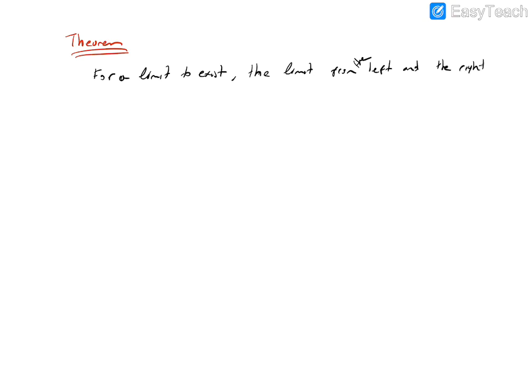So we have an important theorem for a two-sided limit. It means that for a limit to exist, the limits from the left and the right must exist and have to be equal.